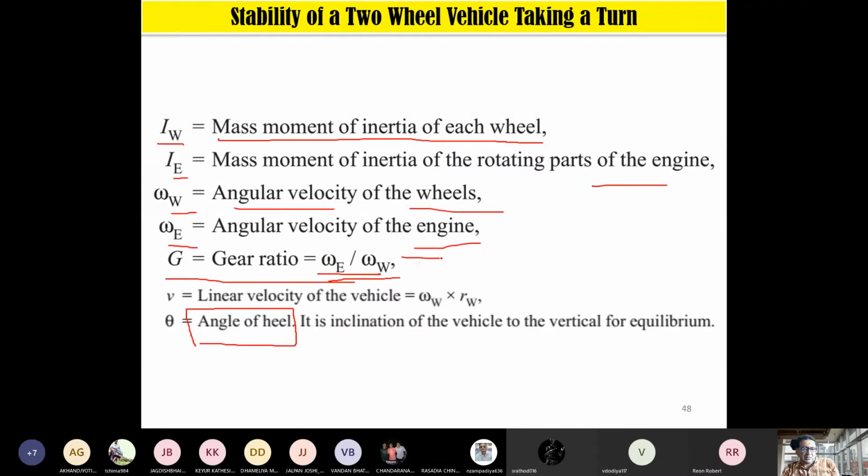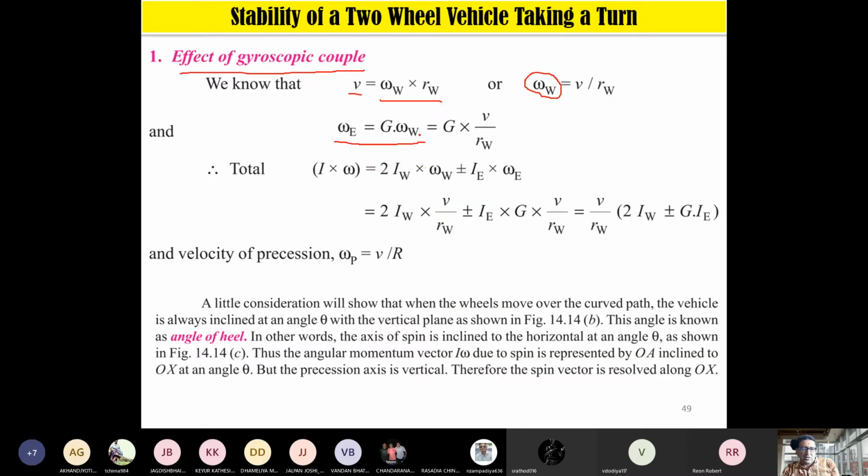What we are interested in here is omega E, so omega W will go to the other side, so this will be equal to G into omega W, which is shown here. Now omega W we already know, so let us put this value here.